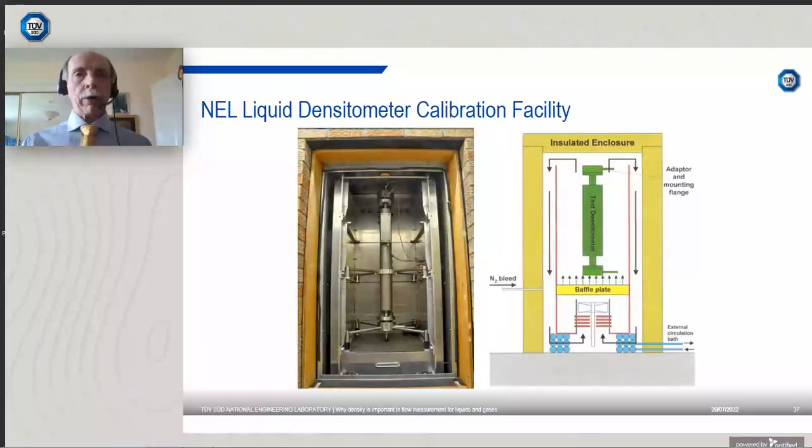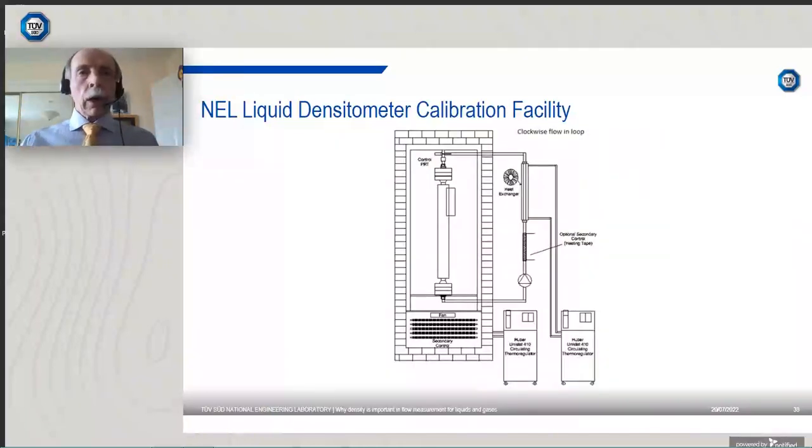We circulate a reference fluid through the densitometer and control its temperature and pressure. And we measure the temperature and pressure. And you can just about see the temperature sensors projecting in there and there directly into contact with the fluid. So separate temperature control of the air round the densitometer and of the fluid circulating through it.